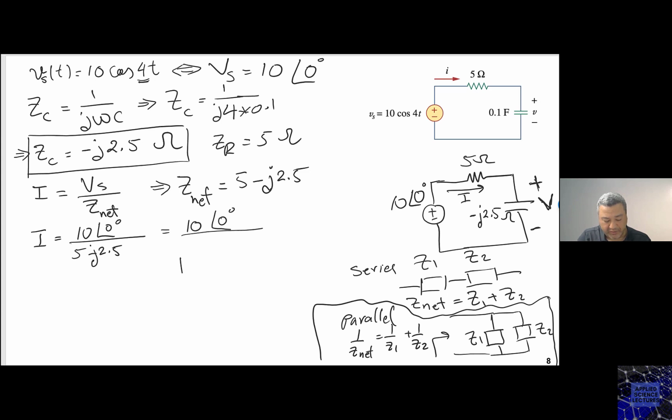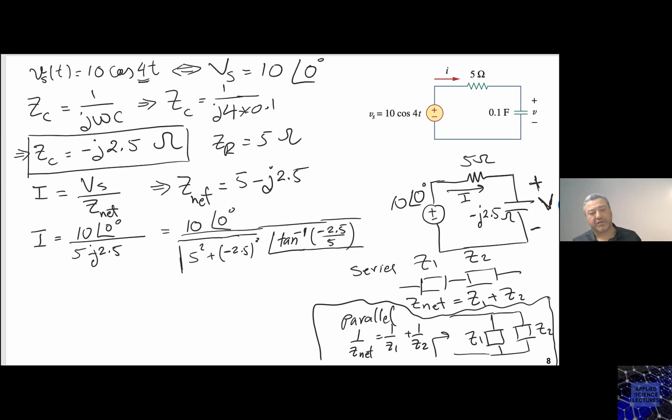Find the magnitude, which is 5 squared plus 2.5 squared, and the angle is tan inverse of minus 2.5 over 5.